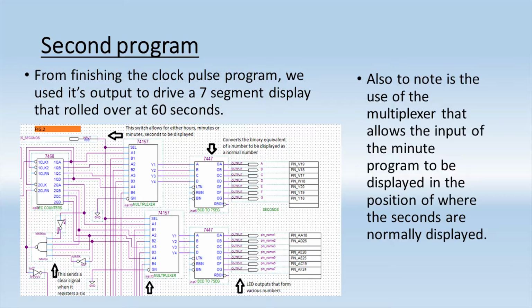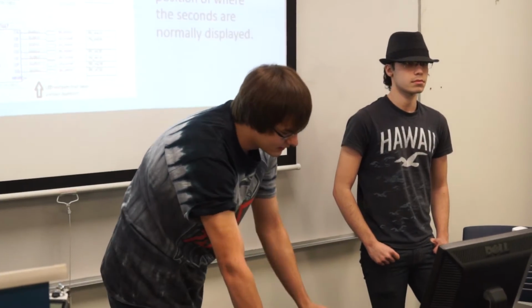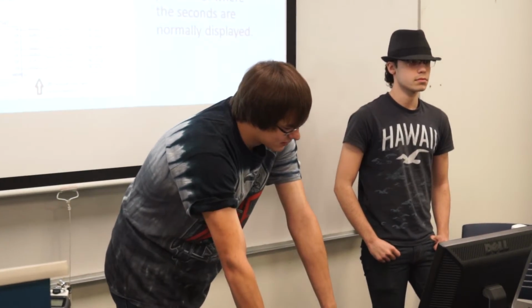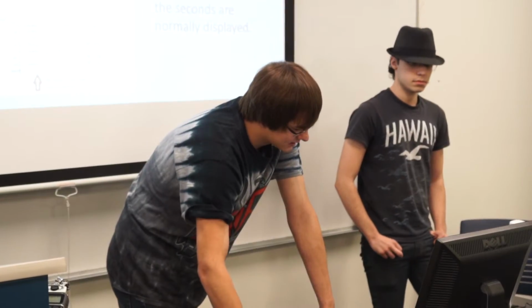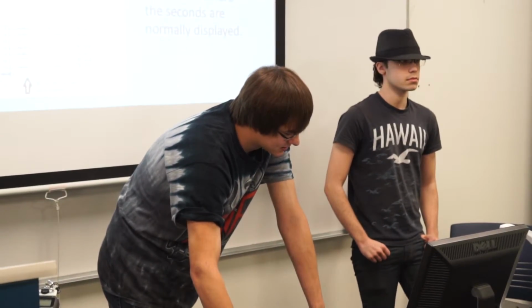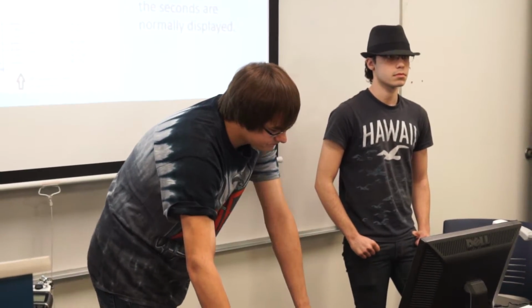Basically, this counts originally to 99, which you don't want because you want your seconds to count to 60. So we had to clear it at 60, and that's what this NAND gate does. It emits the clear signal.